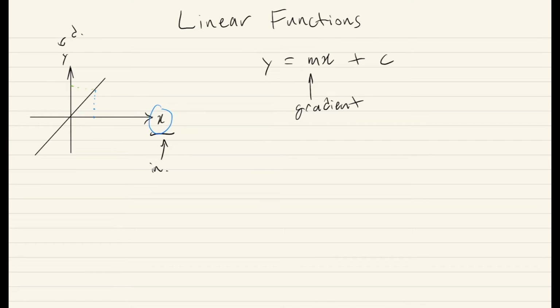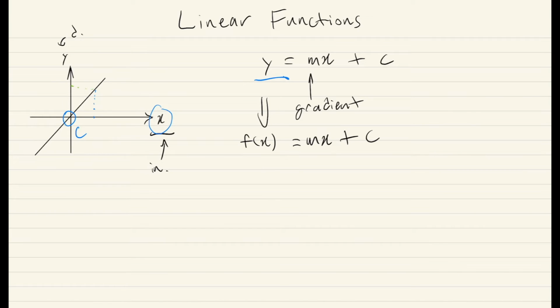In this case, this would be my c, because this is where the y-intercept is, and then y is your dependent variable or your output. This can also be described as f of x equals mx plus c.